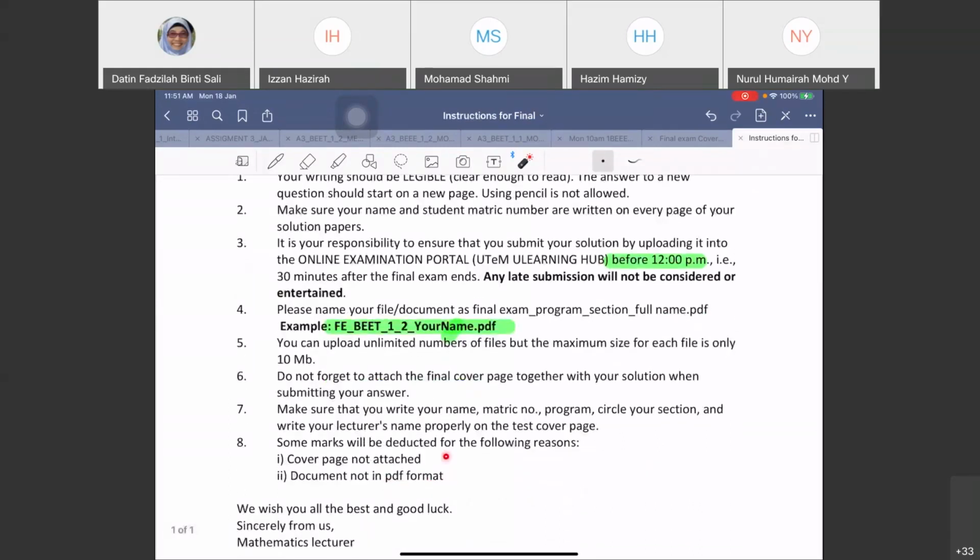Some marks will be deducted for the following reasons: cover page not attached, document not in PDF. But so far, to be honest with you, for the test, people who didn't put a cover page, we did not deduct, because the results were not that good, so we don't have the heart to deduct marks. But there are people who do not follow this instruction.